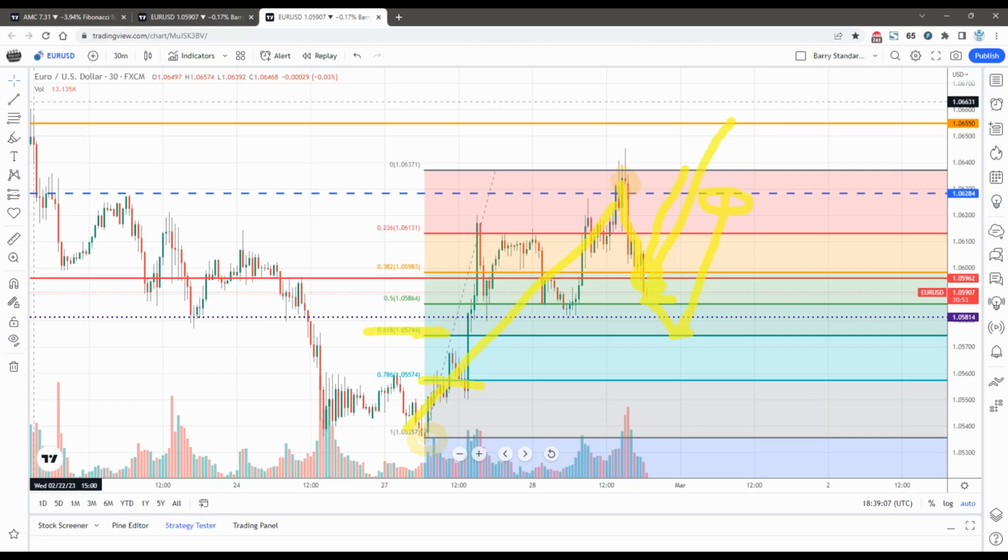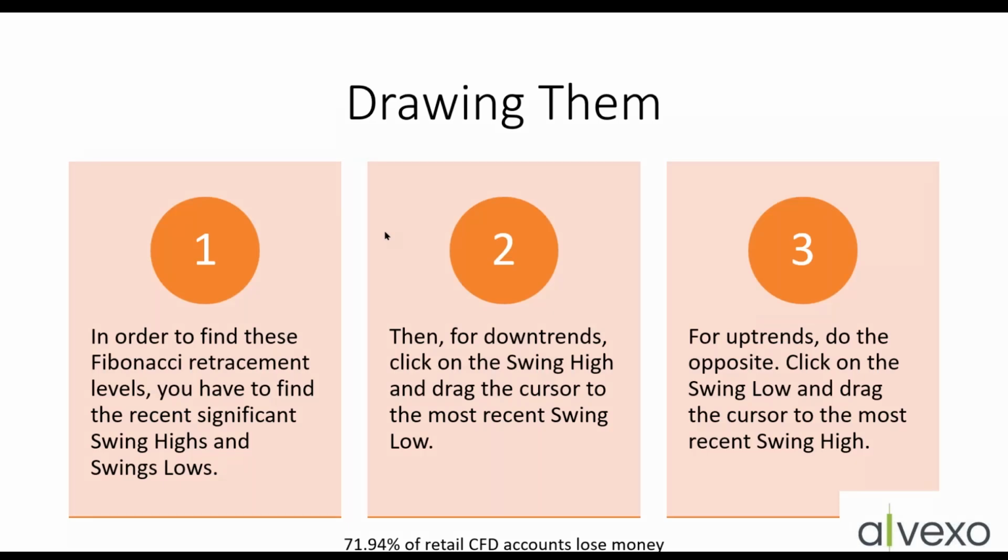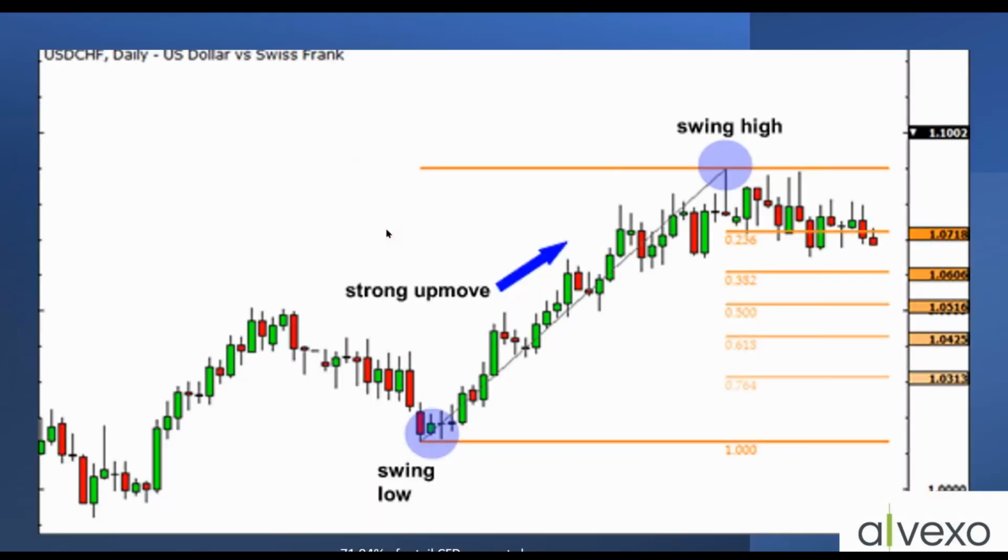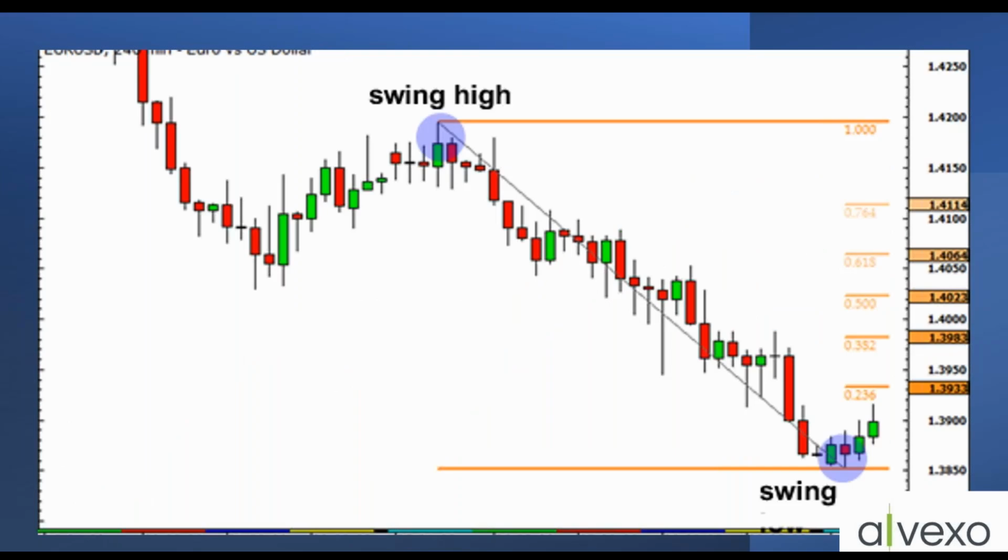So let's go back to my PowerPoint. And now hopefully you're all seeing my PowerPoint. As I explained to you, find the swing low, find the swing high. Remember, find the significant swing high or swing low. And it's the exact opposite in a downtrend.